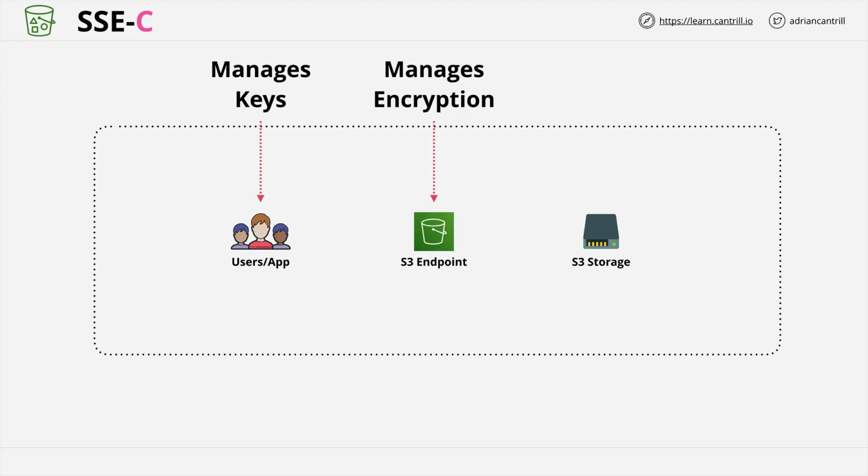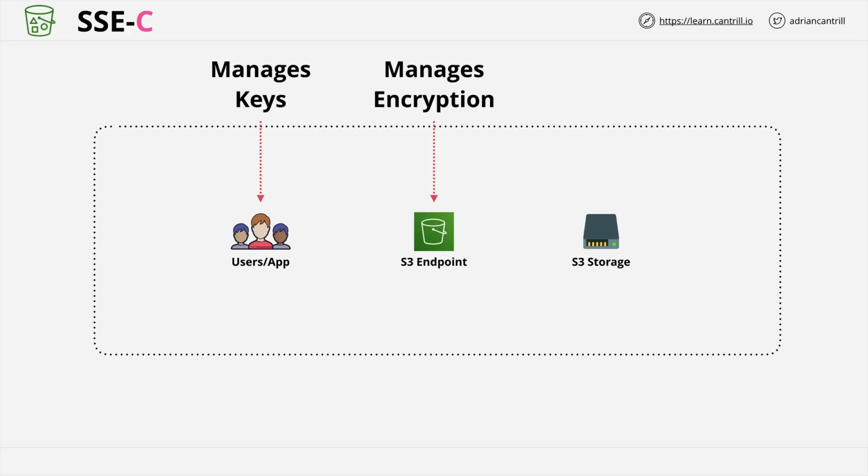Now this might sound like a small thing, but if you're dealing with millions of objects and potentially a high number of transactions, then the CPU capacity required to do this can really quickly add up. So by giving it to S3, you're essentially offloading the CPU requirements for this process, but you still need to generate and manage the key or the keys that this S3 encryption process will use.